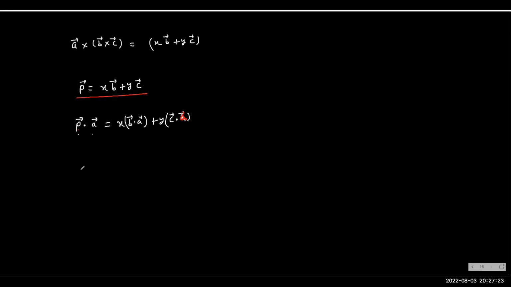Because P is representing what? A cross B cross C. This is the P vector, right? Yes, sir. So this vector is going to be normal to A and this entire term, B cross C. If you want to connect it as A cross D vector, where D is B cross C.